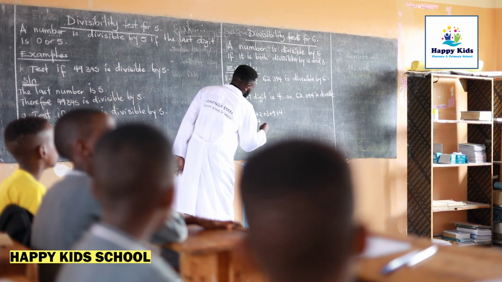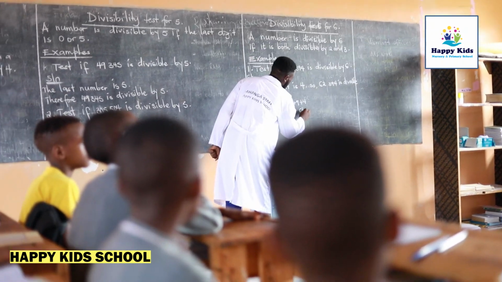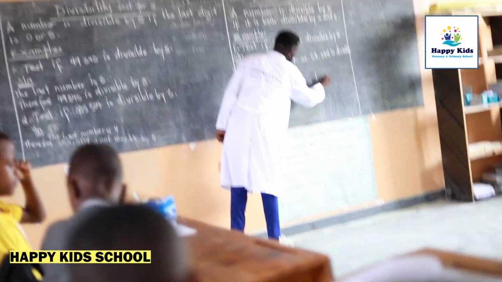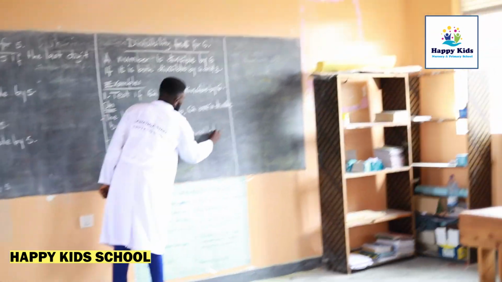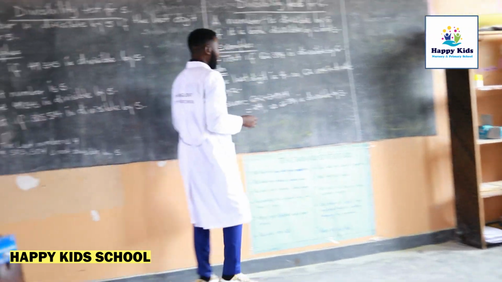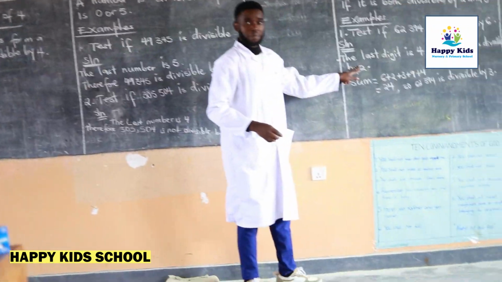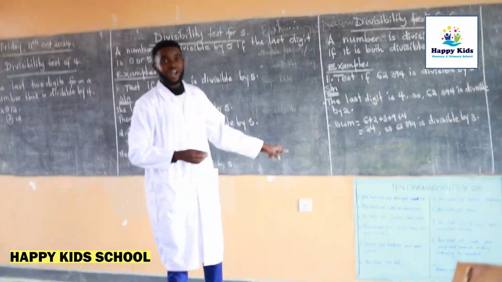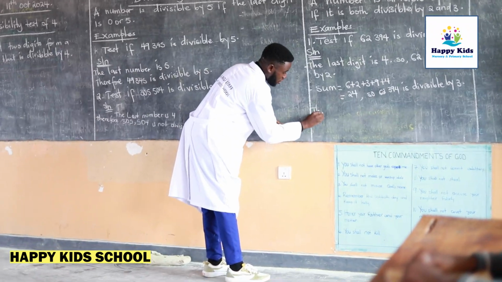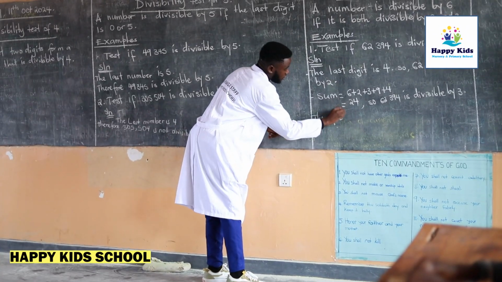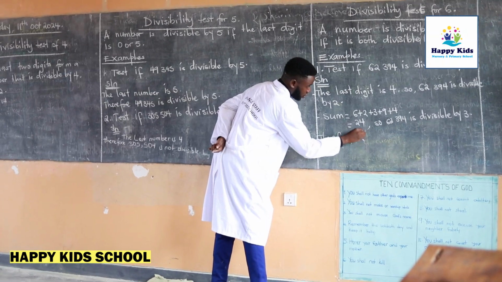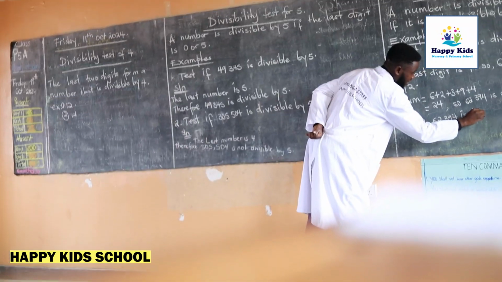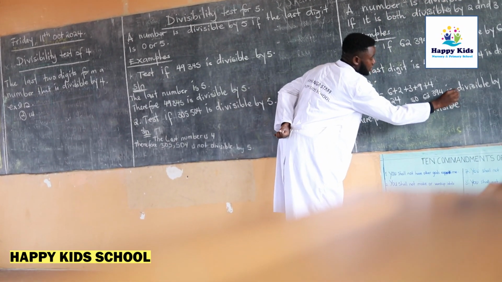So 62,394 is divisible by 3. After checking that the number is divisible by 2 and 3, and you find both divide that number, you conclude by saying, therefore, 62,394 is divisible by 6.